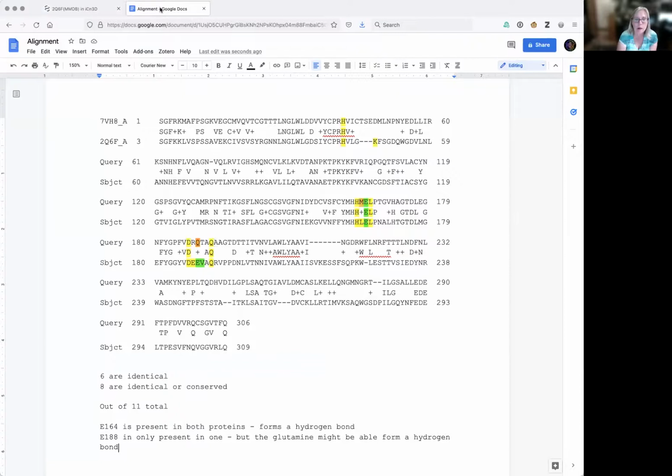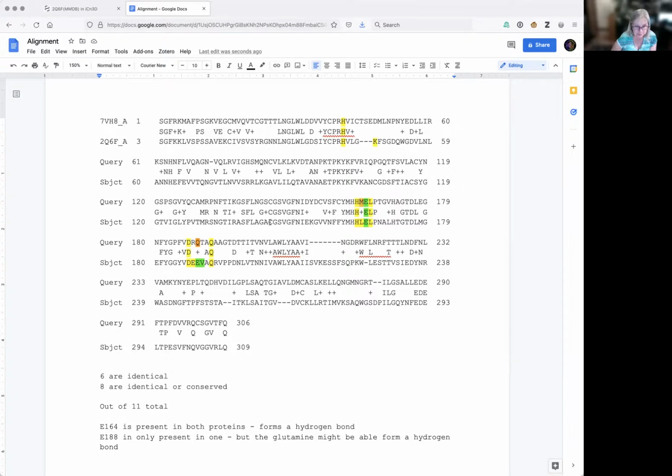All right, so what do I conclude? I conclude that it is likely that the inhibitor could also bind to the SARS-CoV-2 protease. One of the important amino acids for forming a hydrogen bond is present. Actually, possibly there's one that's conserved that could be forming a hydrogen bond that's present.